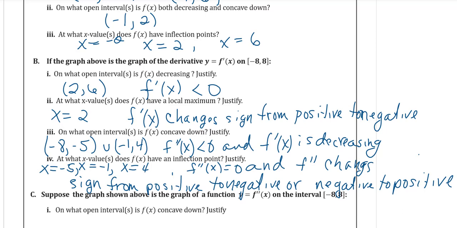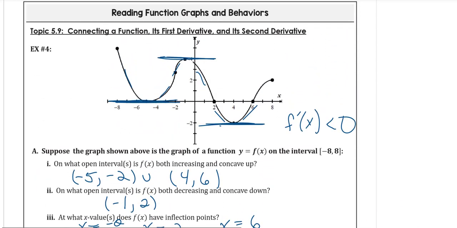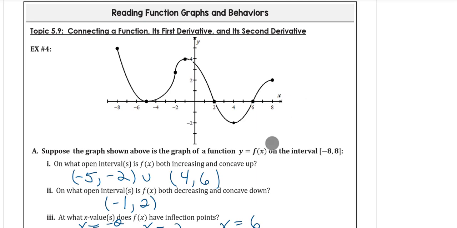Okay, now we're going to assume that this graph is the second derivative and answer these 2 questions. So my 2 questions are, on what open intervals is f of x concave down? And at what x values does f have an inflection point? Okay, so let's take a look at the graph here again. And now this is going to be our f double prime.